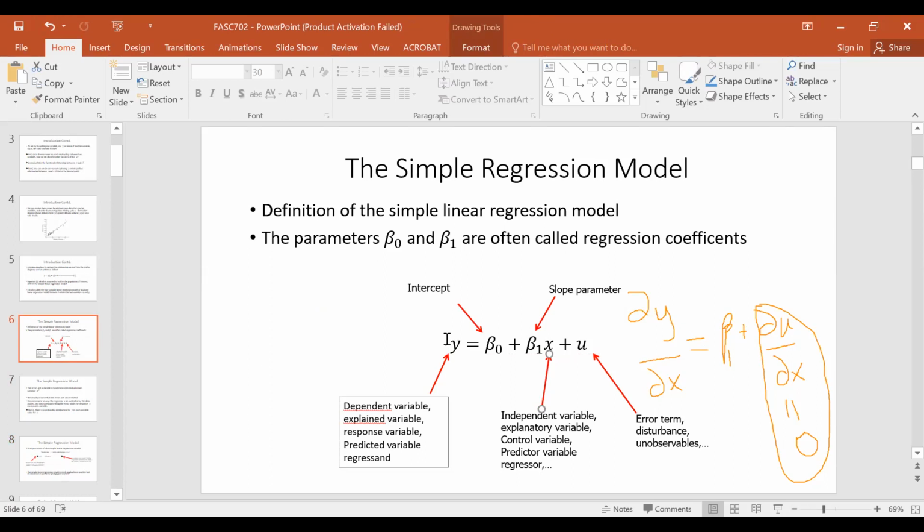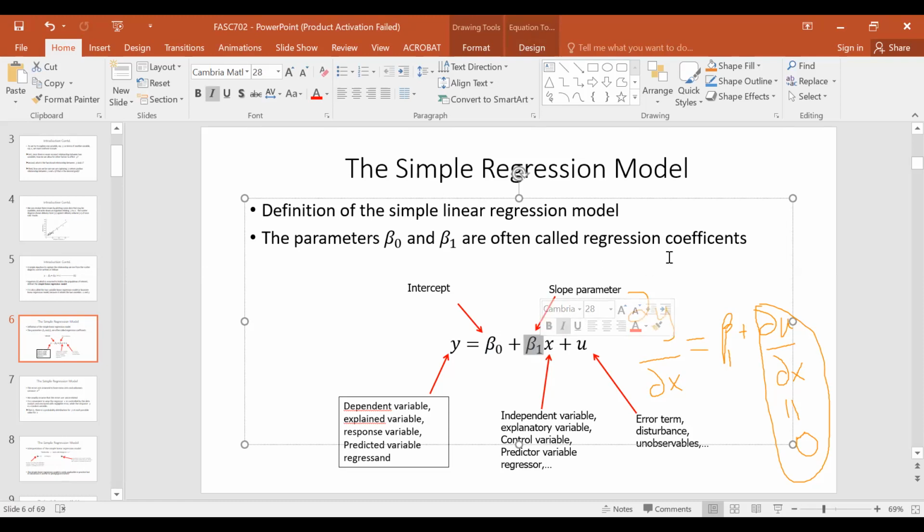So a model like this is called a simple linear regression model. Why is it linear? It is linear because these parameters, the intercept beta 0 and the slope beta 1, are linear. That is why the model is called linear.